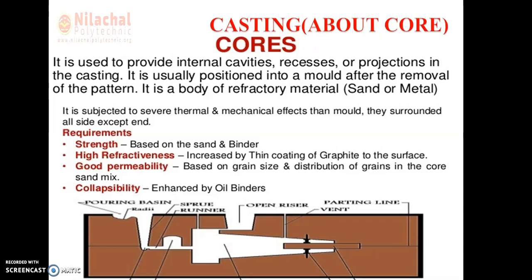Generally manual core making is employed in the case of small size cores for limited production. Cores on a mass scale are rapidly produced by various core making machines, and the steps involved in making a core are: number 1, core sand preparation; number 2, core molding; number 3, baking; and number 4, core finishing.